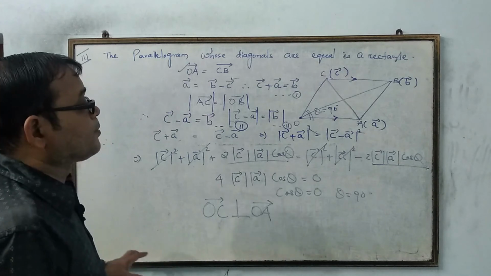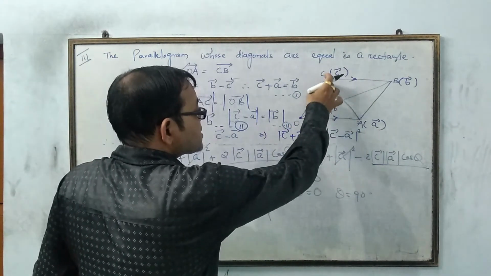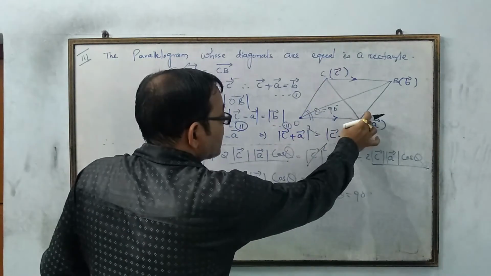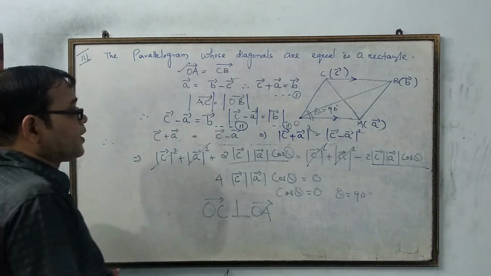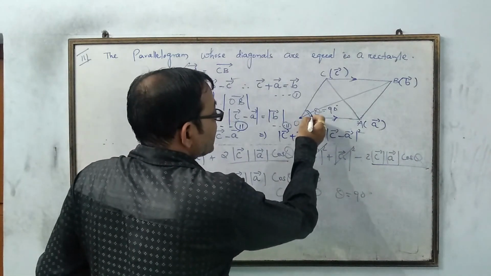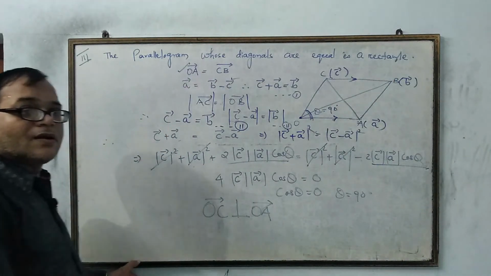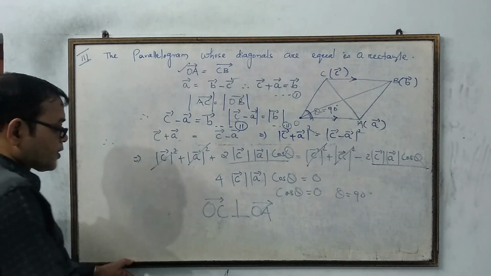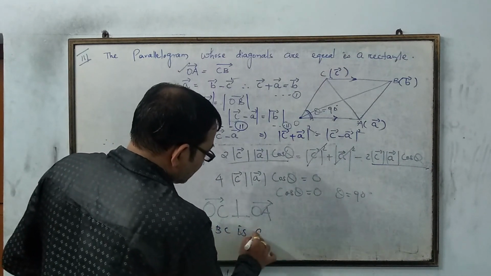In a parallelogram, if this angle is 90 degrees, then this side is perpendicular to this side, therefore the parallelogram is a rectangle. Therefore, the given parallelogram OABC is a rectangle.